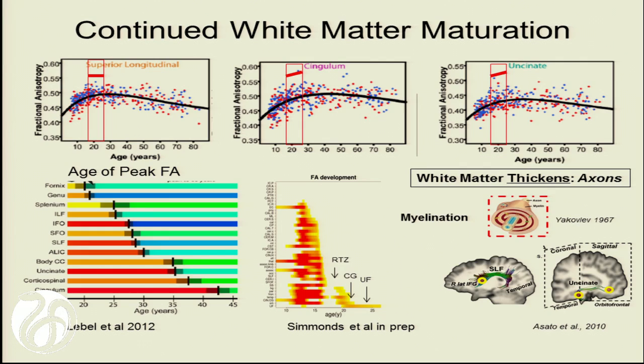However, there are other highways. For example, one is the cingulum that travels through the middle of the brain. It integrates cognitive aspects of behavior, but also emotional aspects of behavior. The ability to monitor our performance, integrate error processing, is driven by this highway, which continues to mature through young adulthood.